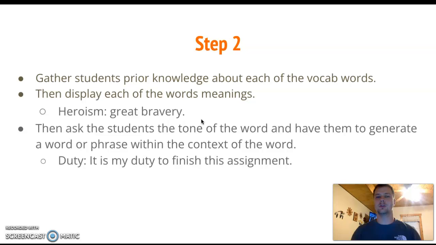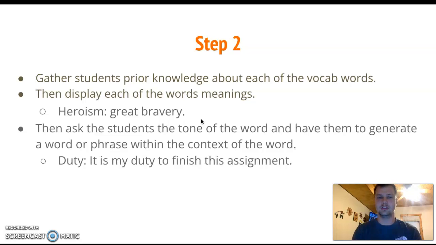Step 2 is you try to dive deeper with the students and see what they already know. After you've picked those 4 words, you can have them gather prior knowledge, just like you would in any other topic. My example here is heroism, where I have them find out the definition, which is great bravery.